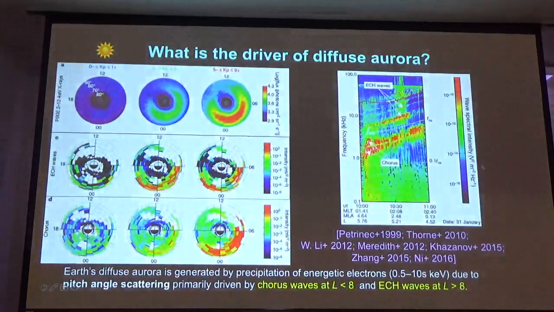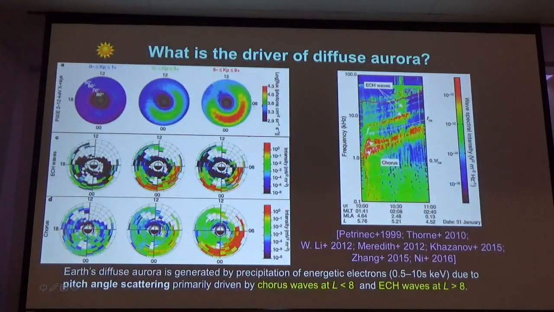So this figure shows the statistical distribution of the diffuse auroral electron precipitation inferred from the X-rays, and the ECH waves and the chorus waves, categorized by different levels of geomagnetic activity. We can clearly see that all three distributions have a very similar MLT preference from the pre-midnight to the noon sector.